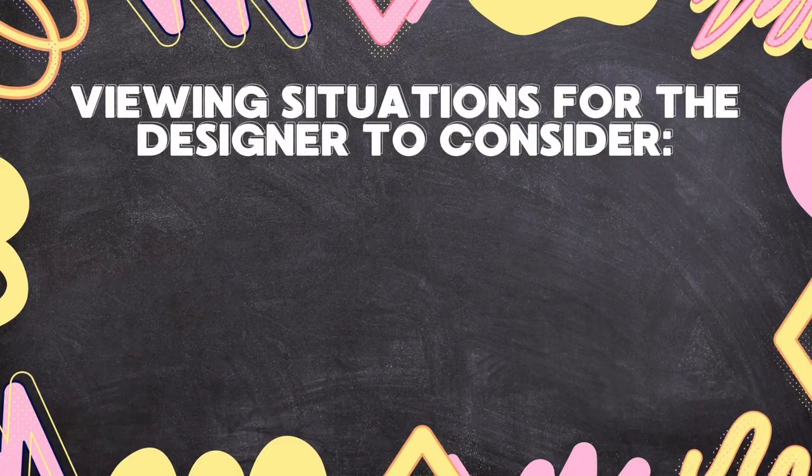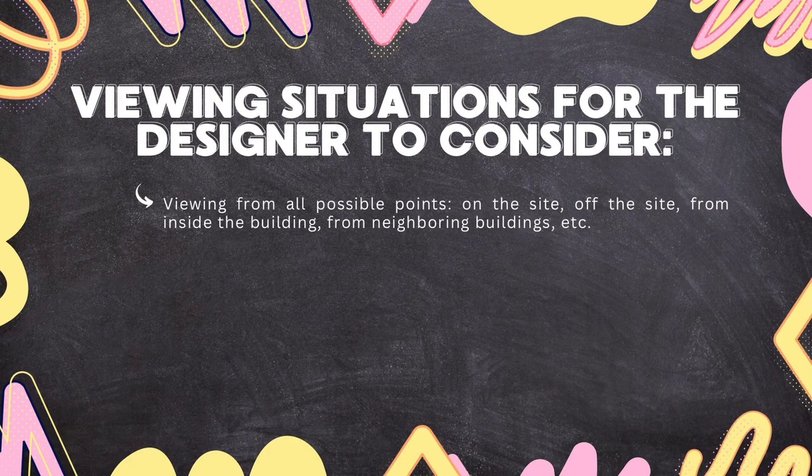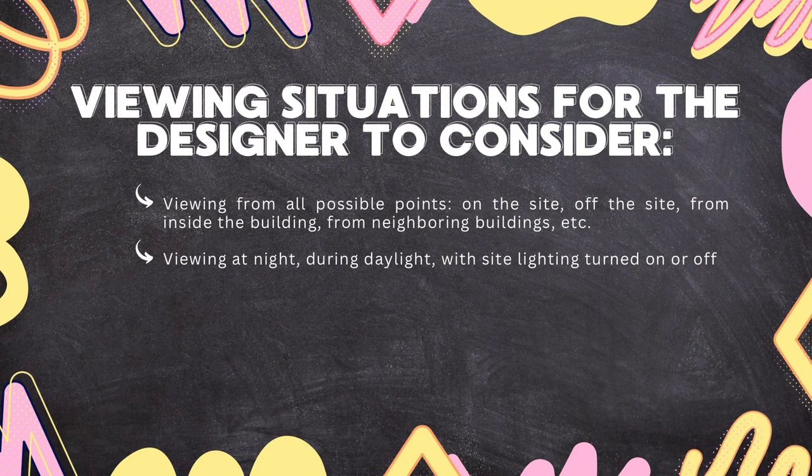There are various possible viewing situations for the designer to consider. These include the following. First, viewing from all possible points: on the site, off the site, from inside the building, from neighboring buildings, etc. Second, viewing at night, during daylight, with site lighting turned on or off.